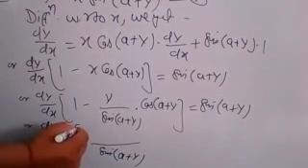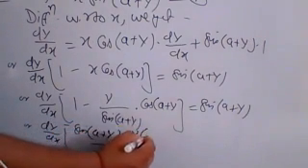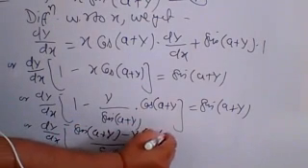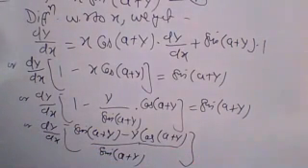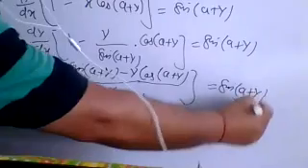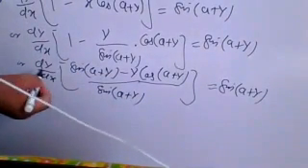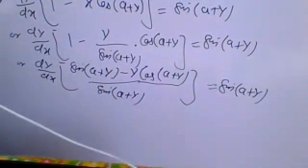So here you have sine a plus y minus y cos a plus y, and is equal to sine a plus y. So from this step you write the value of dy by dx and your result is proved. Okay, write it.